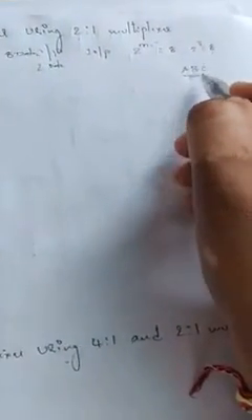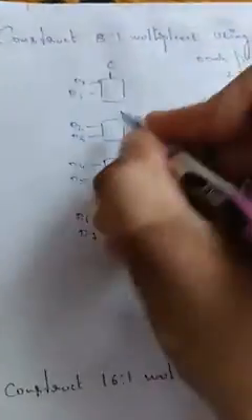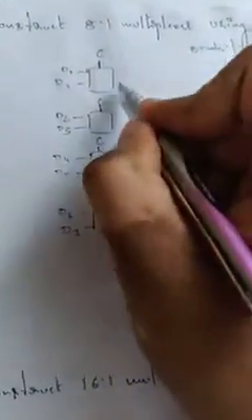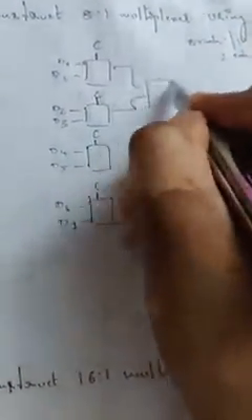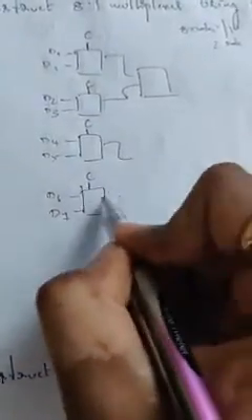So when it is 8:1, you come across 3 control inputs. I told you 2 to the power of 3 is 8. 3 control inputs: A, B, C. So I am going to name it as C here. Let me combine these two. One more multiplexer combines these two.